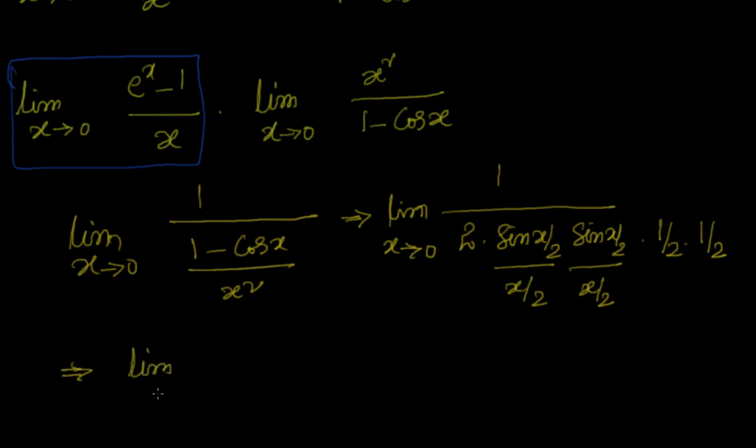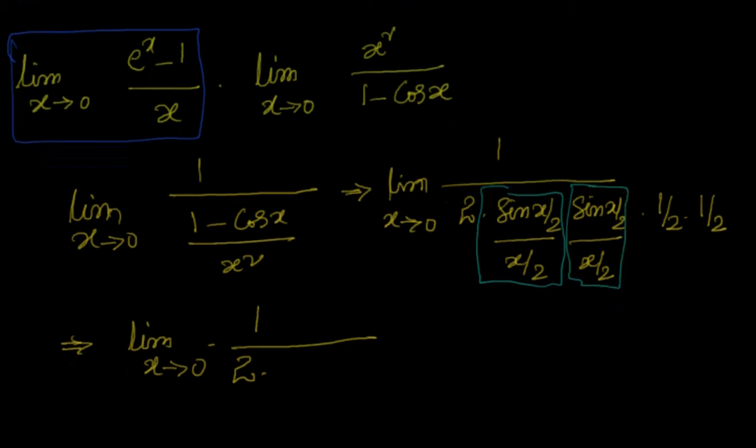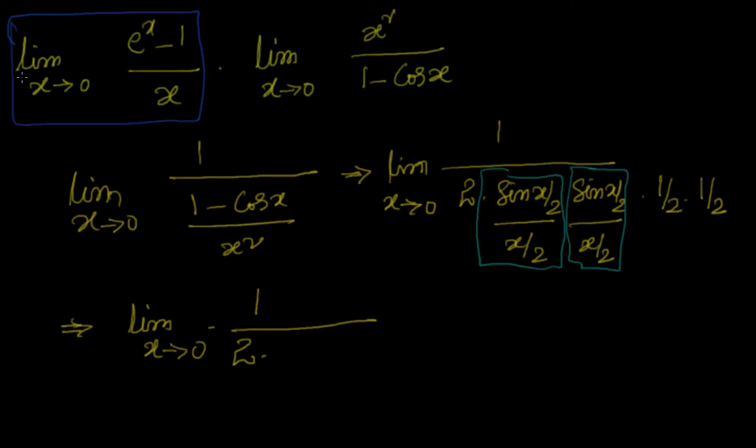That becomes limit x tends to 0, I will have 1 by 2 into, now sin x by 2 by x by 2, sin x by 2 by x by 2, they will become 1. So we can actually write them separately. First let's take the remaining values.